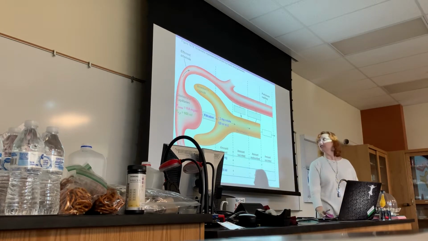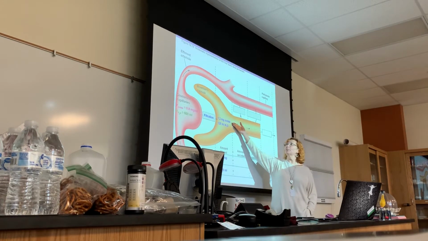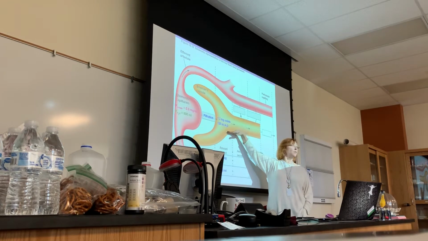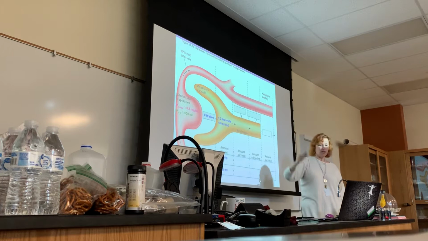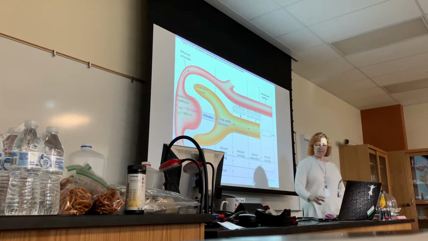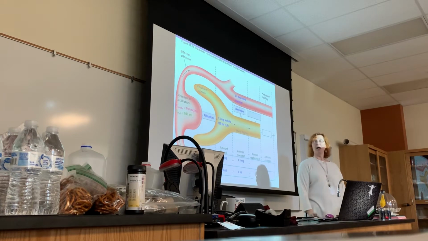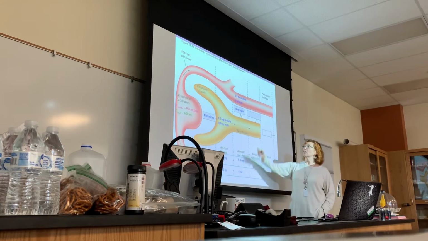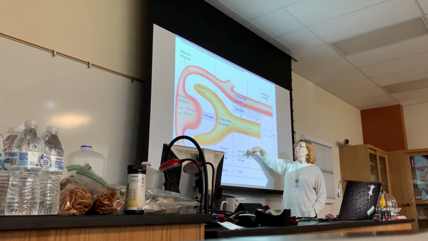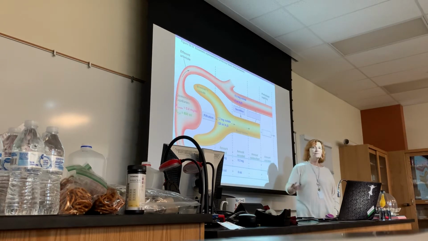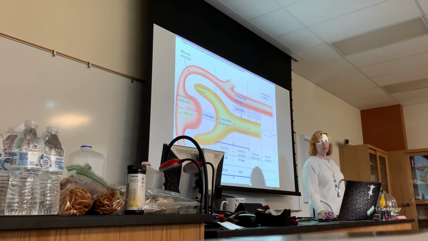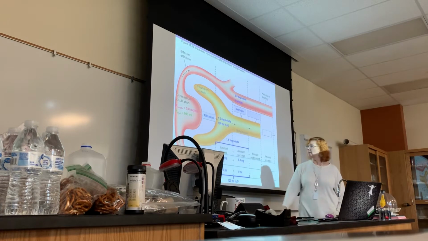After filtration, I end up with 1.2 milligrams of solute per, just going to stick with these, 120 mLs of water. That brings me down here. Then what are we looking at for secretion? No water, 0.3 of our solute.